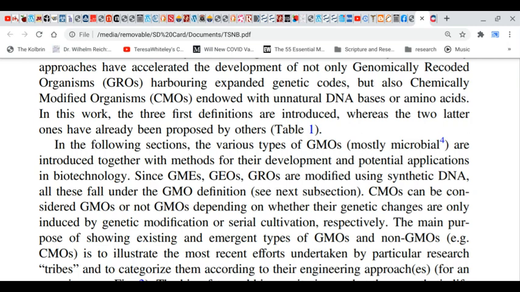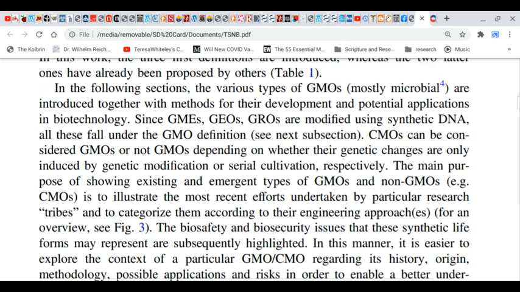CMOs can be considered GMOs or not GMOs, depending on whether their genetic changes are induced by genetic modification or serial cultivation, respectively.